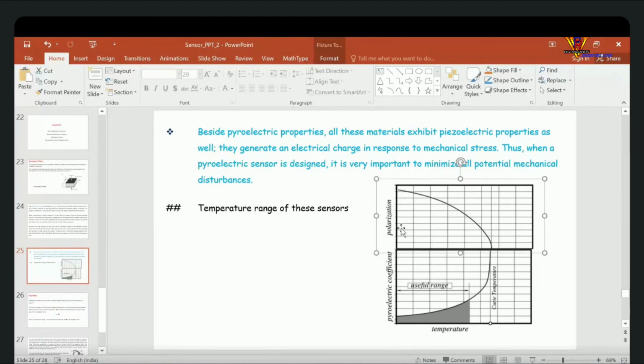But this is for step heat. That's why we can prove that pyroelectric materials sense the heat flow, not the heat, because with step-type heat there is no heat flow. In this way you can explain it.